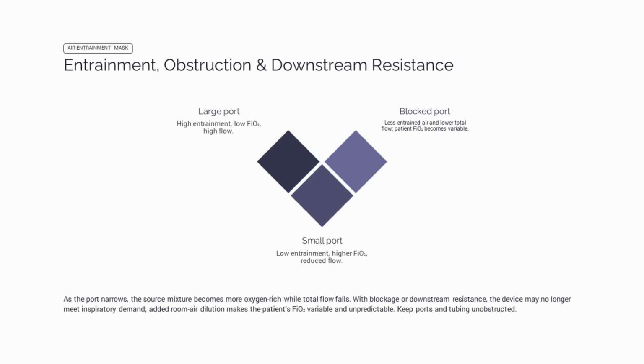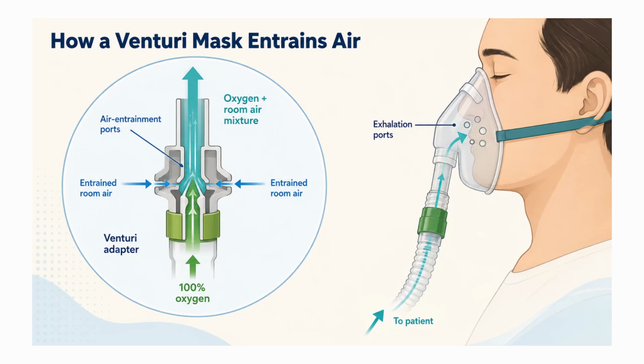Now, that's the device working exactly as it's designed to. But what happens if something blocks the entrainment port, or if there's resistance downstream? Say the tubing is kinked, or there's an obstruction the patient is breathing against. Less air gets entrained, just like a smaller port setting, so the mixture becomes more oxygen rich. But total flow also drops.